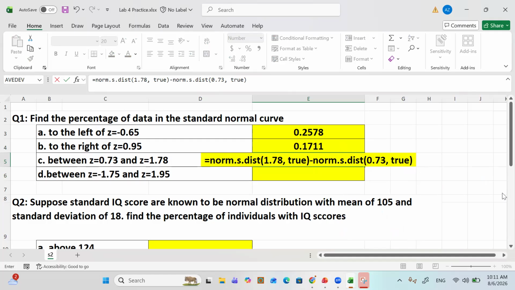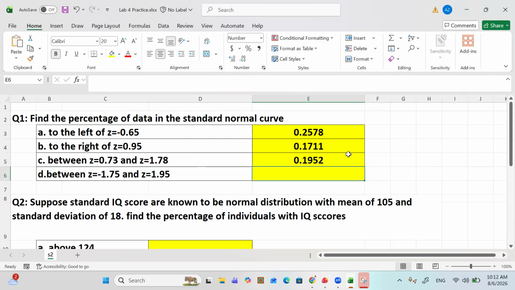Once we hit enter, we get the result, 0.1952. Now you try part D. It's similar to the one we just did, area in between.